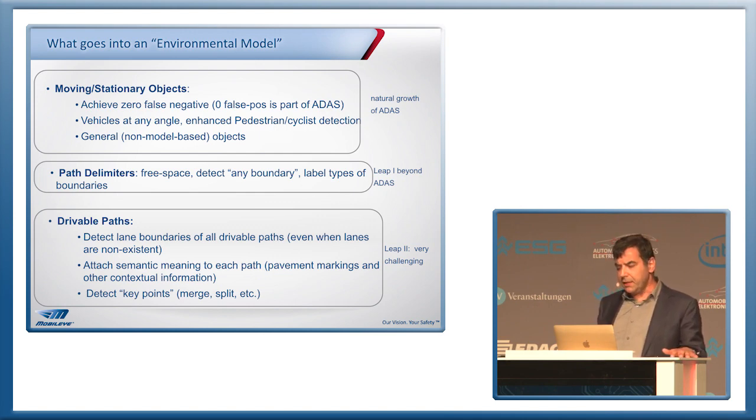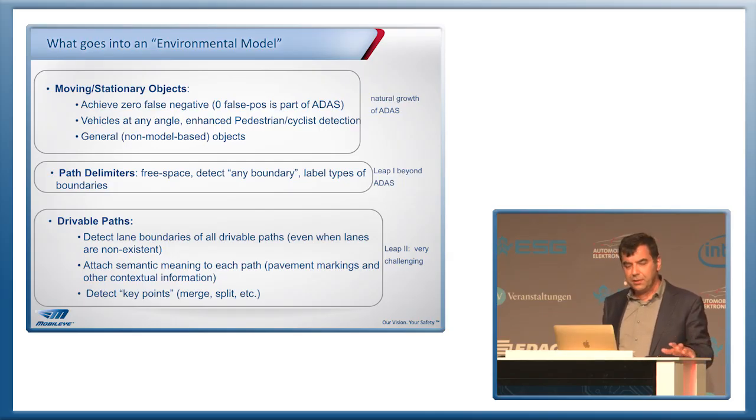I would say this is the first leap beyond ADAS, but even that is not quite correct. Euro NCAP 2018, 2020 talk about specifications of any boundary, even though they're a bit vague about what they mean by any boundary, but clearly it's moving towards inferring path delimiters as part of ADAS, part of driving assist. But this is one leap beyond where we are today with driving assist.